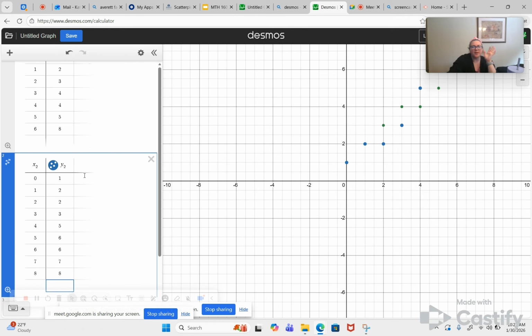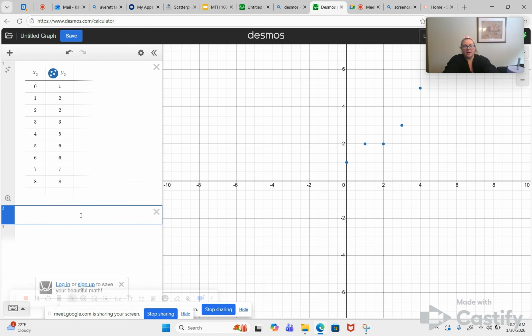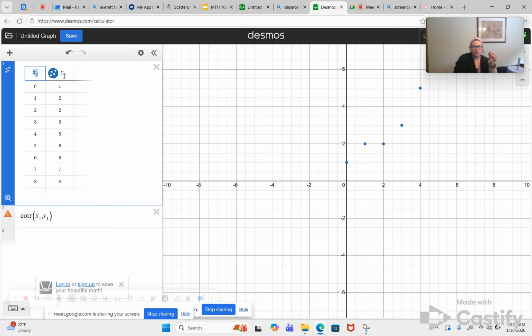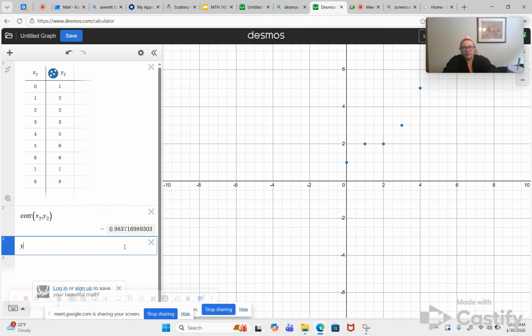All right, so I put my information in, and then I was like, okay, I'm done with that one. Now I want to find my correlation coefficient, and I type in correlation x1 comma y1, and I'm like, oh no, it didn't work. Well, it's because in my table, I'm not using x1 and y1. So you can either change this in your table or change this to x2, y2. And then that gives you your correlation coefficient.